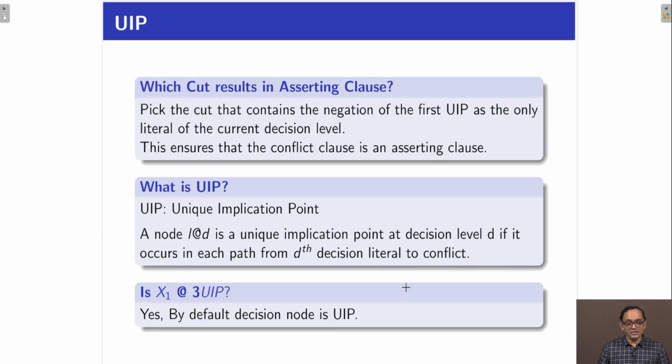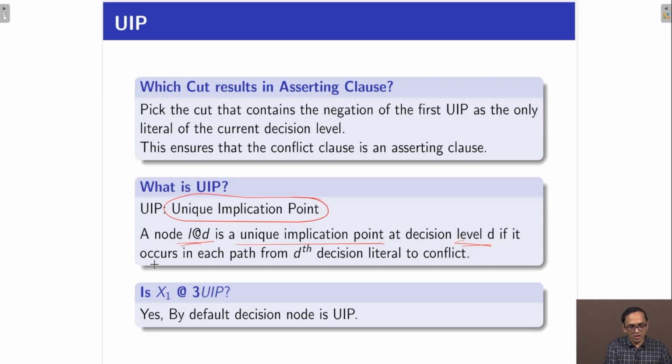The definition says that you pick the unique implication point, right. What is UIP? It effectively says that a node in decision level D is a unique implication point, or UIP, of this level. So, for each decision level there is a UIP, right. For every decision level you will get a different UIP.